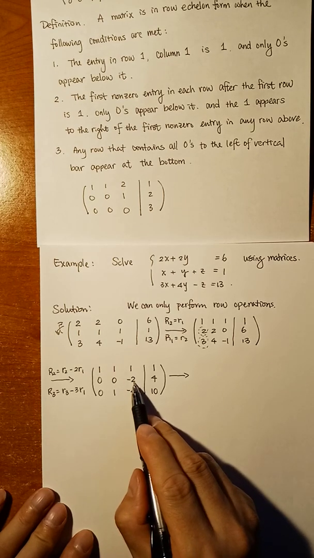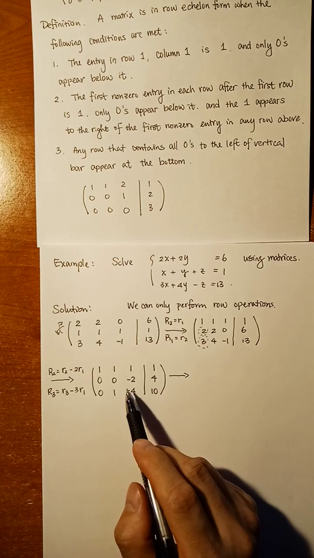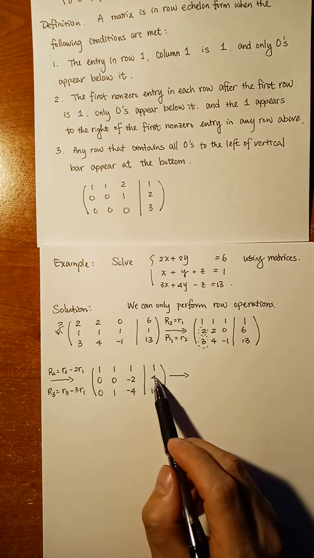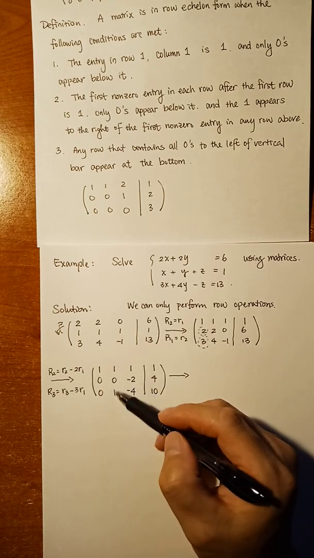Here, this is the first non-zero entry. If we want to make it 1, we have to divide this whole row by -2. But I can exchange row 2 and row 3.